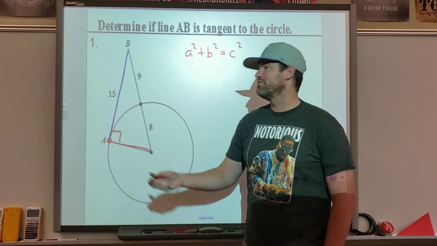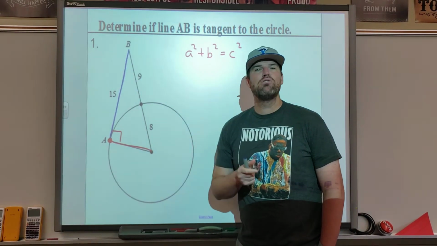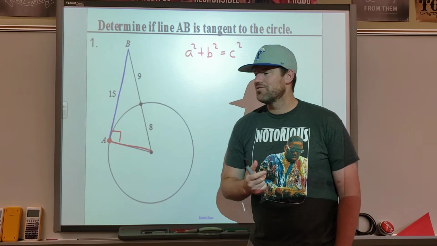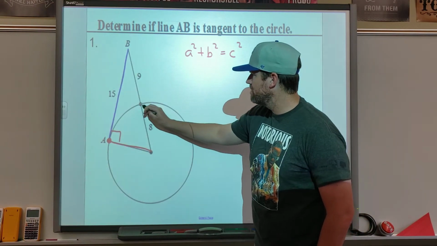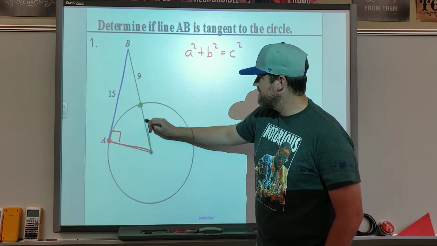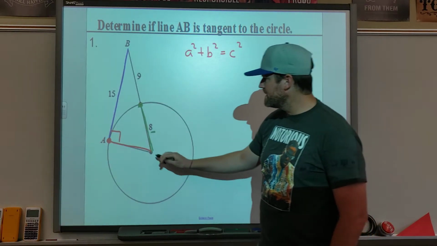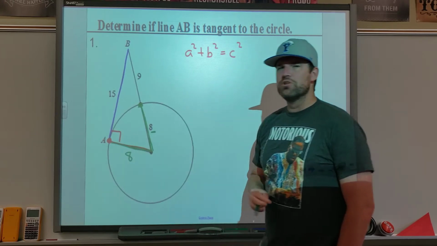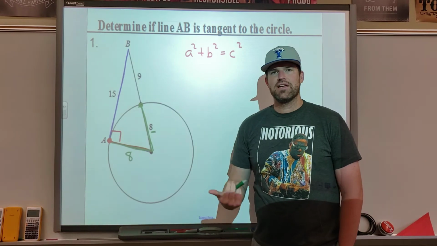How long is the radius? It's 8, because we have a radius right here. From the center to this point right here is 8 units long, which means this radius here is also 8 units long, because every radius of the same circle will be the same length.